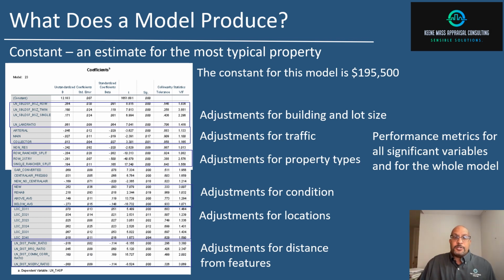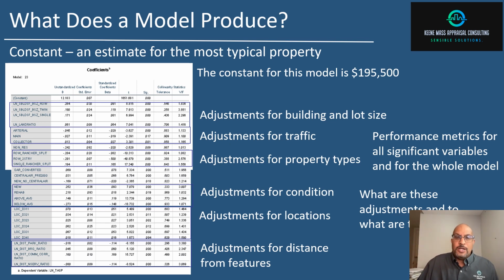There are also metrics, measures of central tendency and dispersion for the entire model, that tell us how accurately and uniformly the model is predicting values. But let's consider, what are these adjustments and to what are they being applied? They don't exist in a vacuum. Each one is an adjustment to this and only this constant.